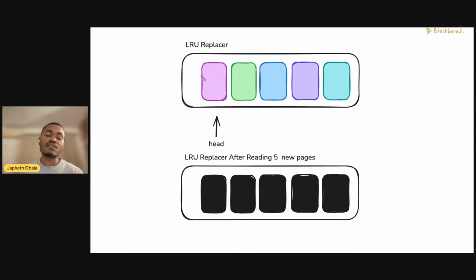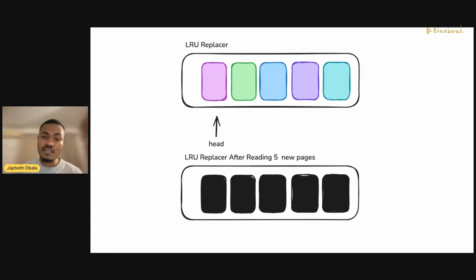So the LRU replacer evicts the oldest frame that was used, which sounds like it's enough, but it's prone to sequential flooding. Say this is a list of pages for our index. We always want to have as much of the index pages in memory as we can, because we frequently read the index.